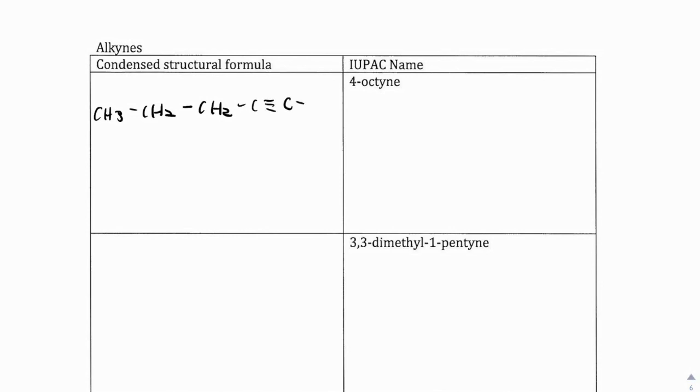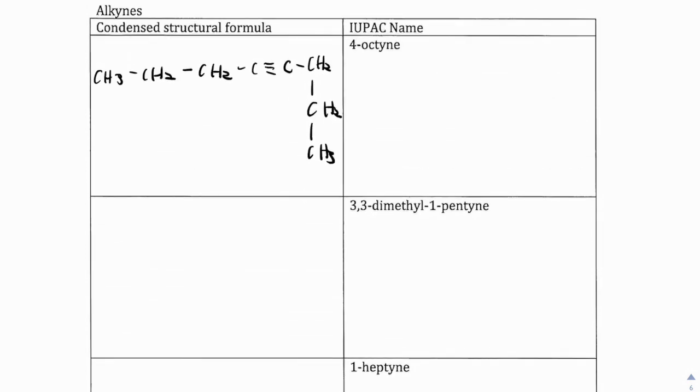Triple bonded to a carbon. Again, I'm going to be bending this a bit just because I'm running out of room. But again, on an exam, you guys wouldn't be doing that. Got it. Cool. And let me just check this real fast. 5, 6, 7, 8. Yep, perfect.